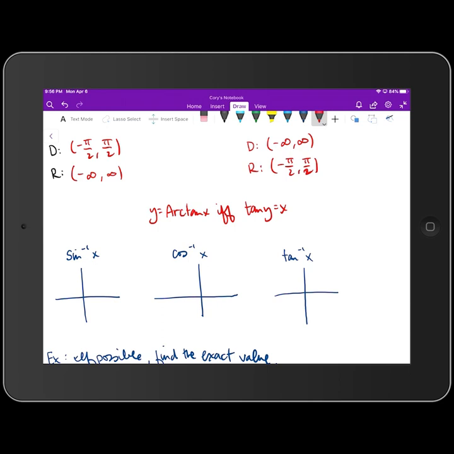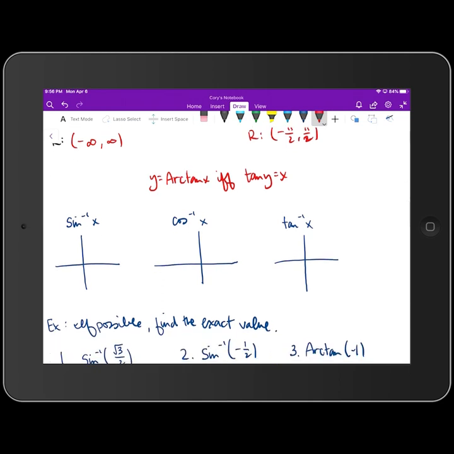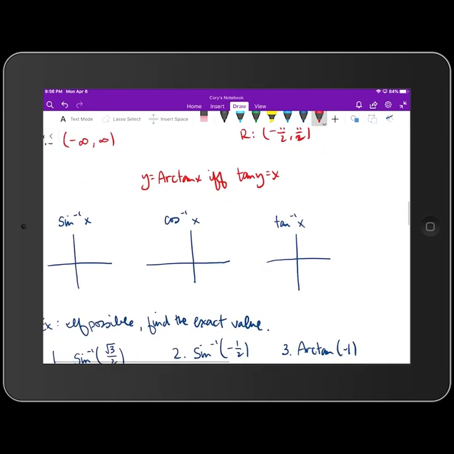If you take a look at the coordinate planes that we have in blue down below, I want you to remember these graphs because I think it makes it easier to evaluate inverse sine, inverse cosine, and inverse tangent functions. Okay, so for inverse sine, we said that the outputs have to be between negative pi over 2 and pi over 2. So I want you to remember this graph here.